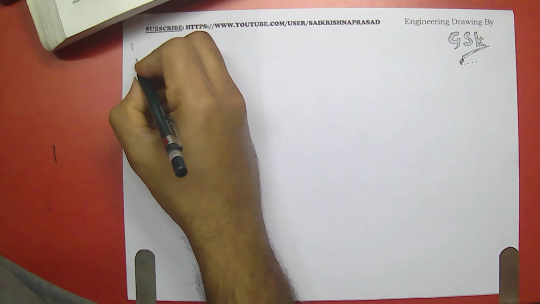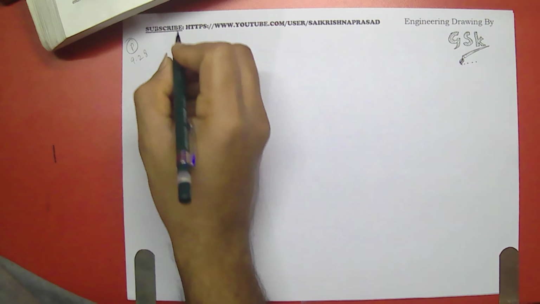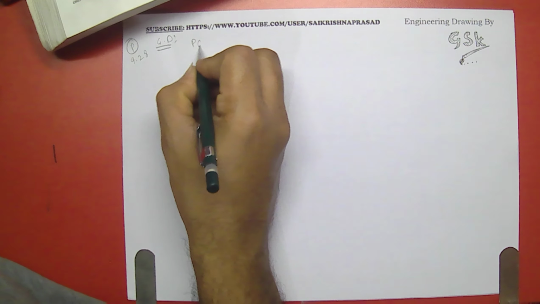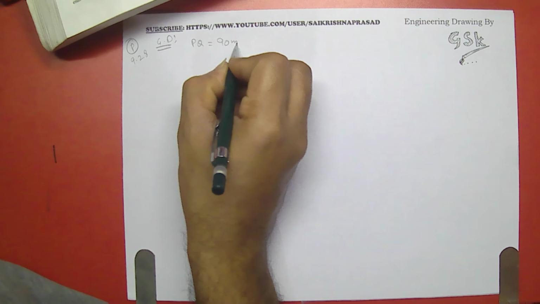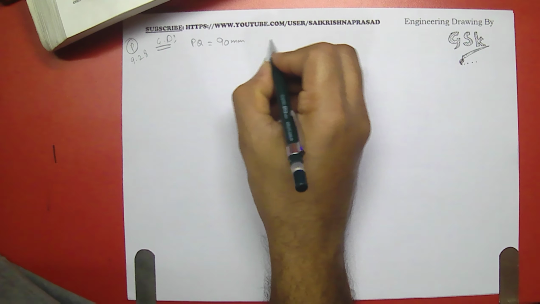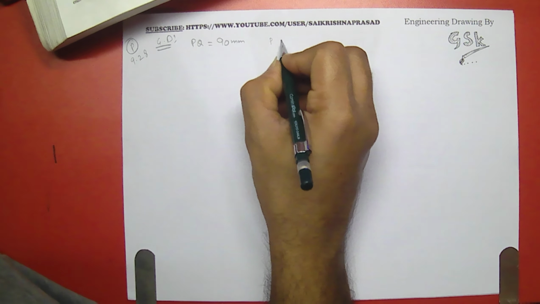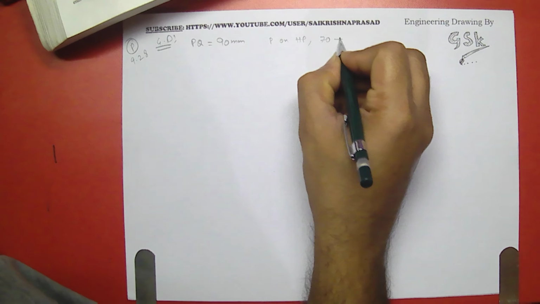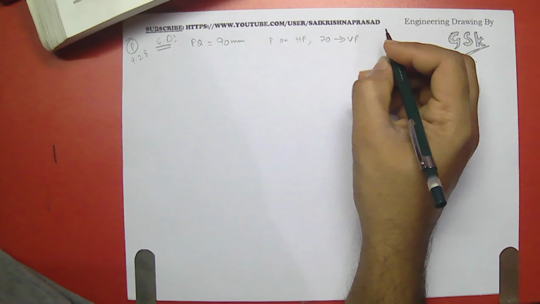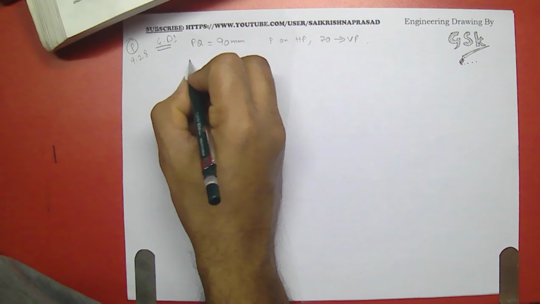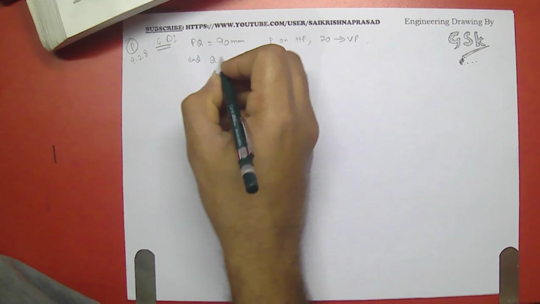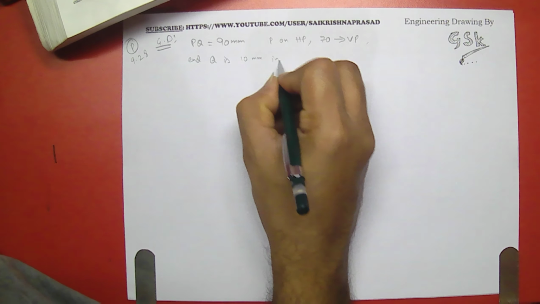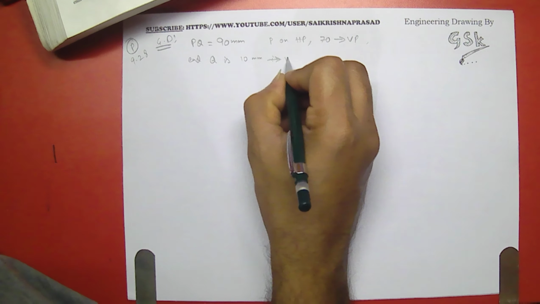So this is problem number 9.28. Given data over here is PQ 90 mm, and end P is on HP and 70 mm in front of VP, and end Q is 10 mm in front of VP.